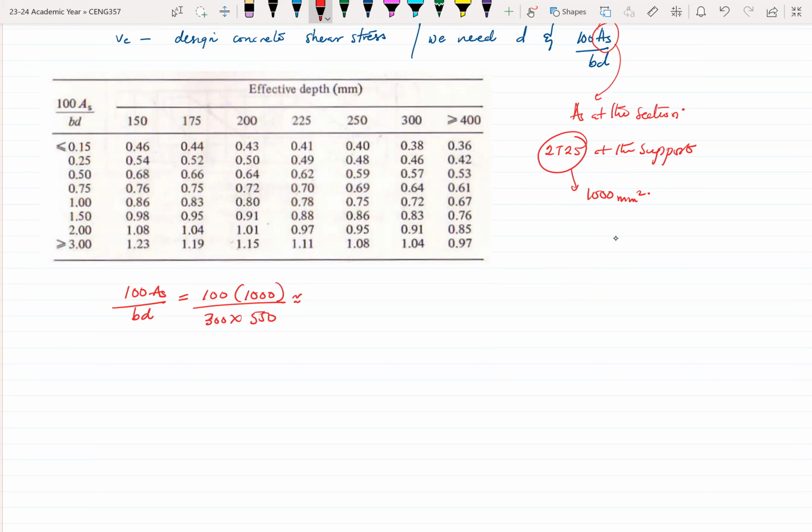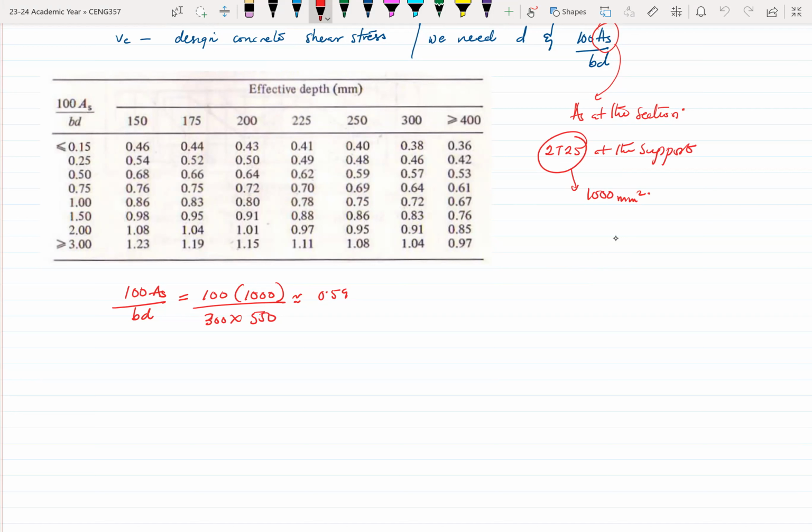You might get a different answer if you calculate. It's fine. You can work with your answer. I don't want to spend too much time on that. So 1,000 times 100 divided by 300 times 550 is roughly about 0.59. Okay, 0.59, 0.6 are about the same, so it's fine.